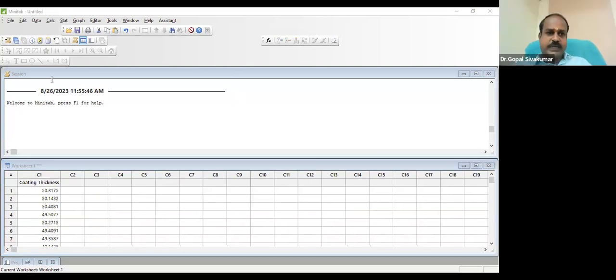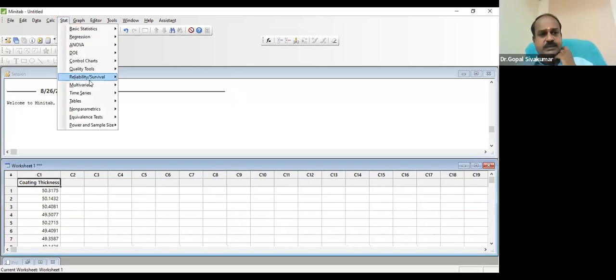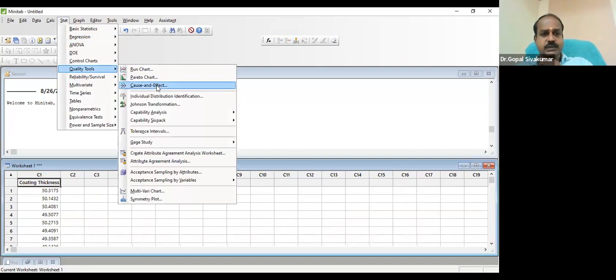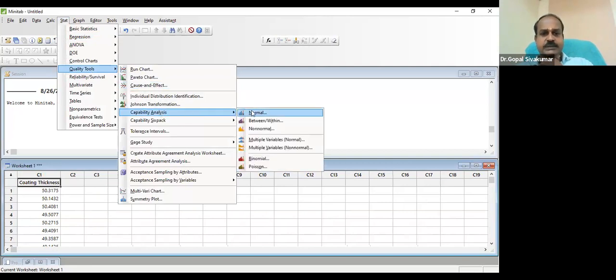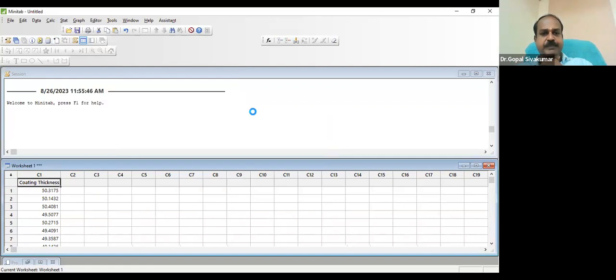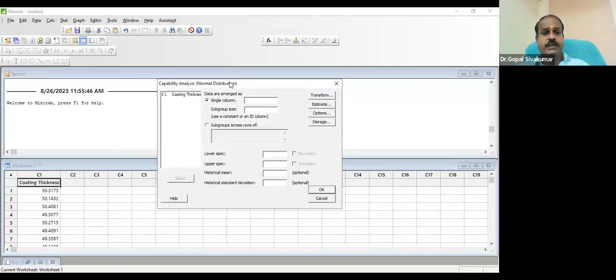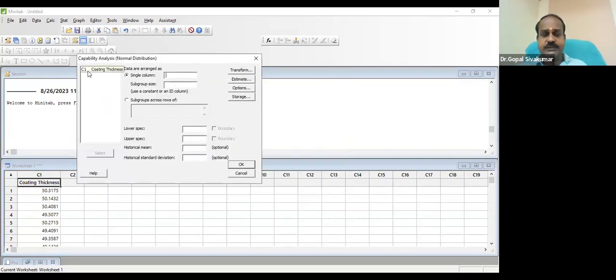Now we need to do the capability study. Go to Stat, go to Quality Tools, and there is Capability Analysis for normal data. Now, data in single column, that is column number 1. Click select. Now, subgroup size, you all know the subgroup size is 3.